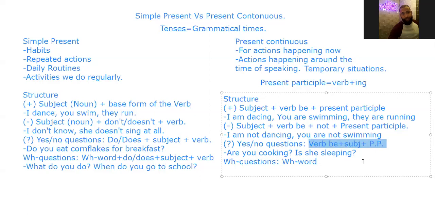The same structure. We just copy and paste. You see? Exactly the same. And obviously, since it's a question, we need to use the question mark.